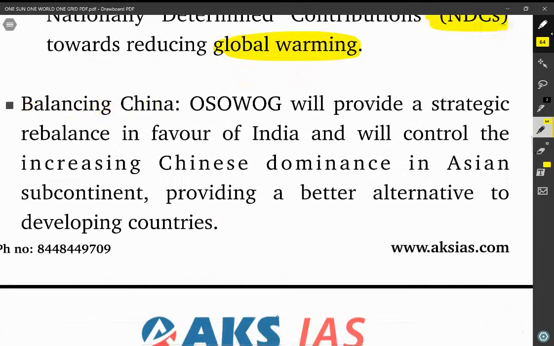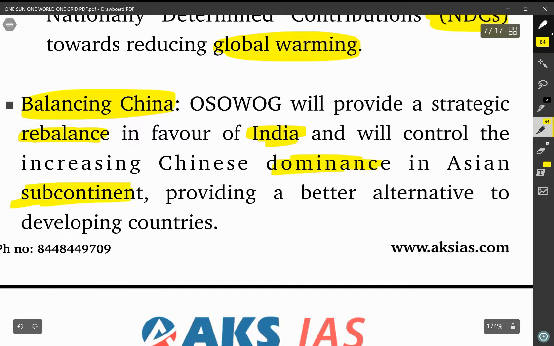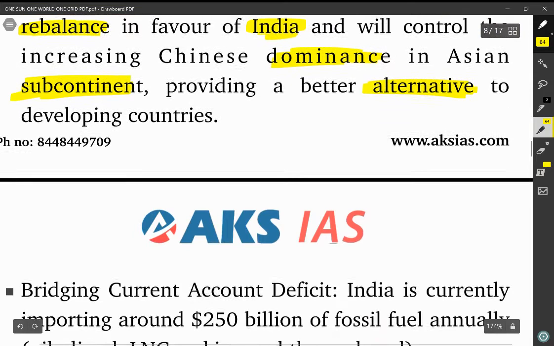Number three is the balancing of China. OSOWOG will provide a strategic rebalance in favor of India and will control the increasing Chinese dominance in the Asian subcontinent, providing a better alternative to developing countries.